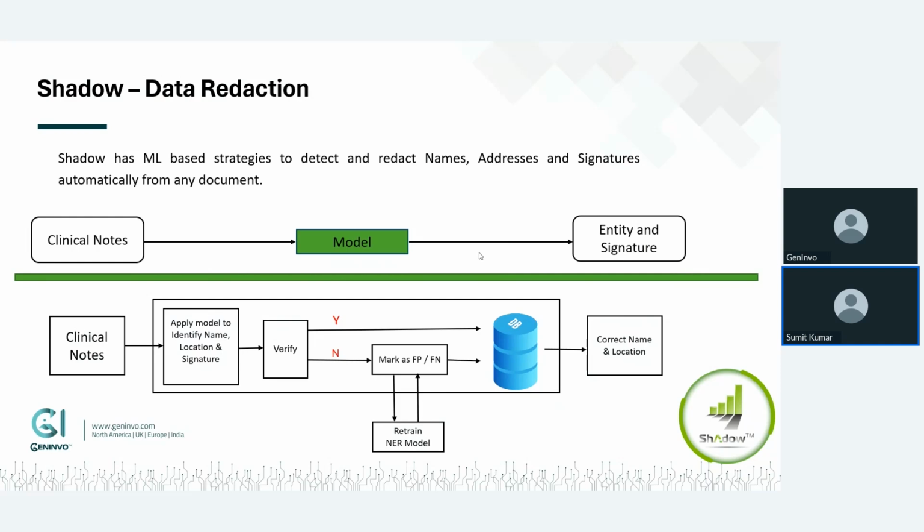identified from the document. So with that particular functionality of Shadow, the tool itself can easily identify the entities and the signatures in the document, and remove, or I'll say redact, them. And just to add, what is redaction?